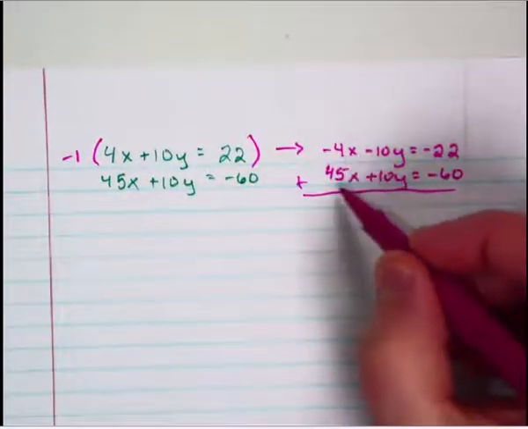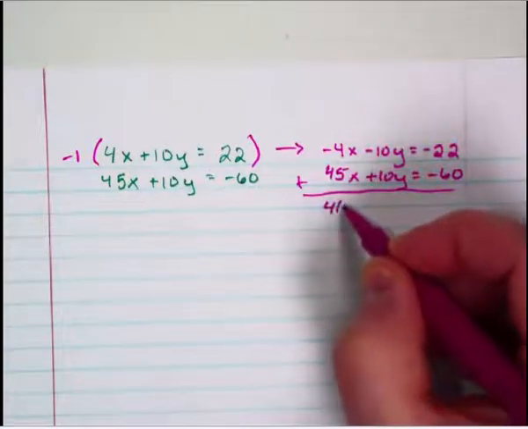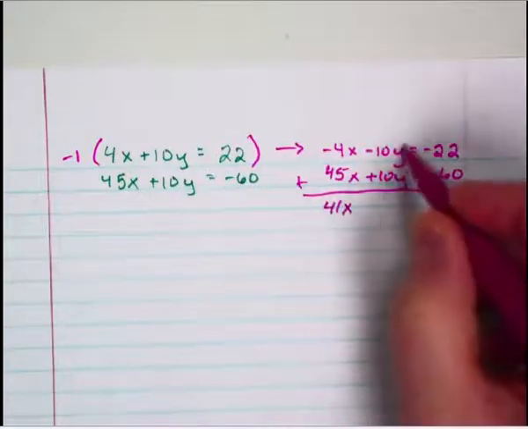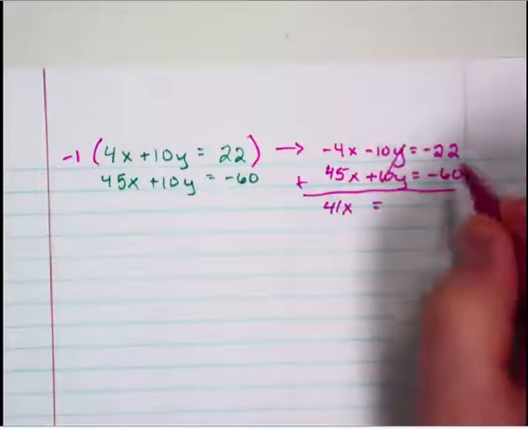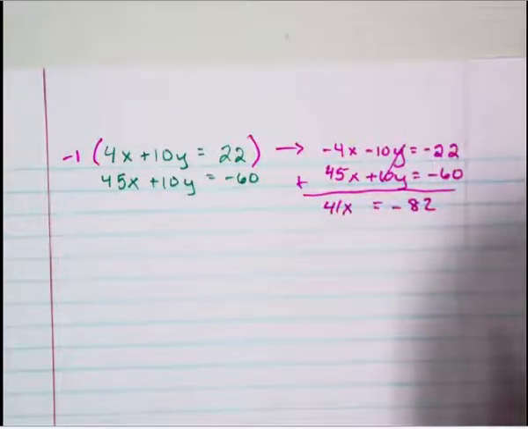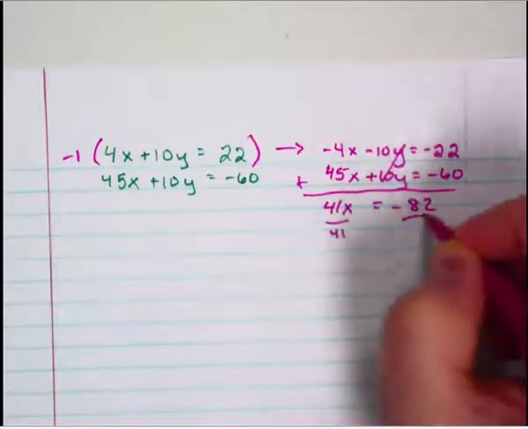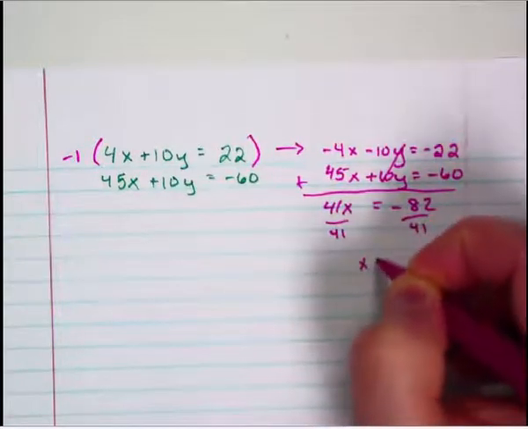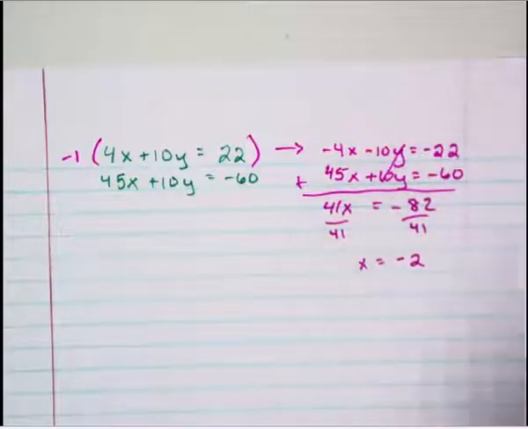Negative 4x plus 45x is 41x. The 10y's go to 0. And this will give me negative 82. Now I divide by 41, and I get that x is equal to negative 2. Not that bad.